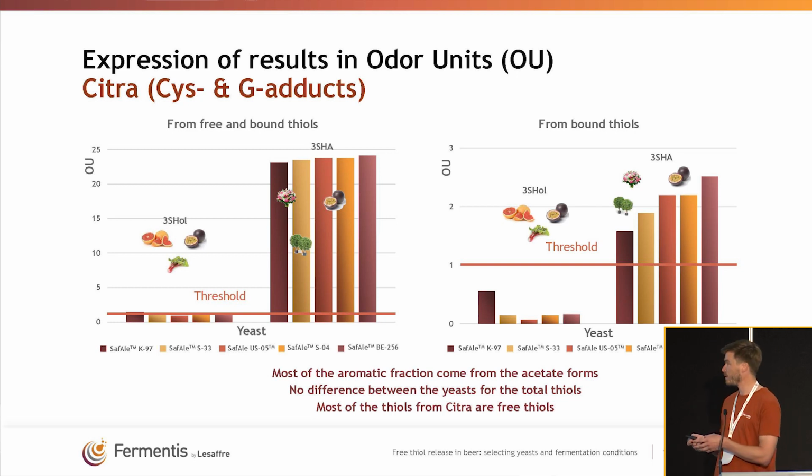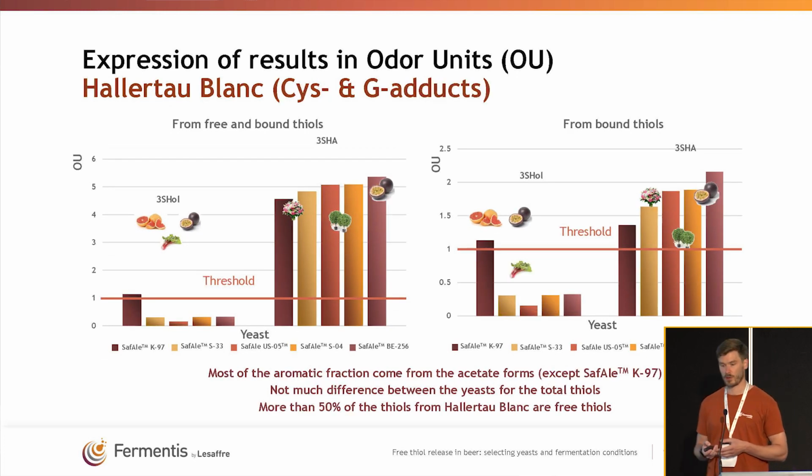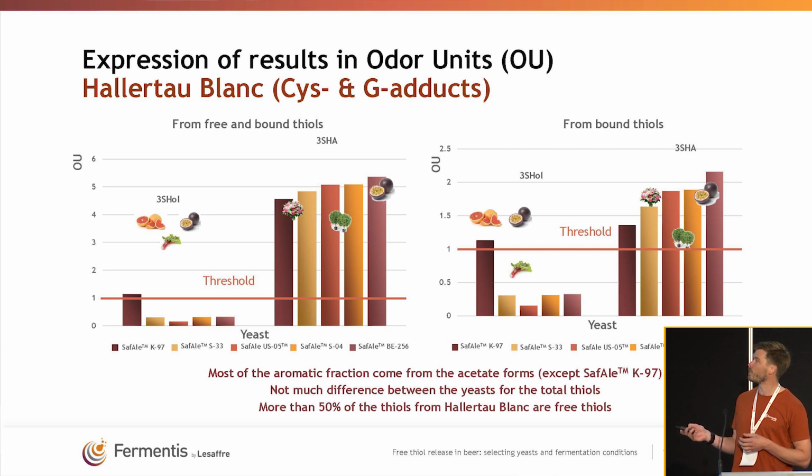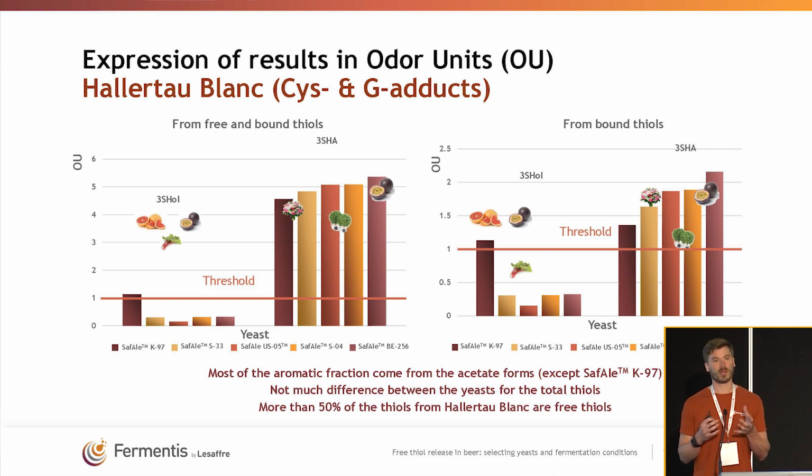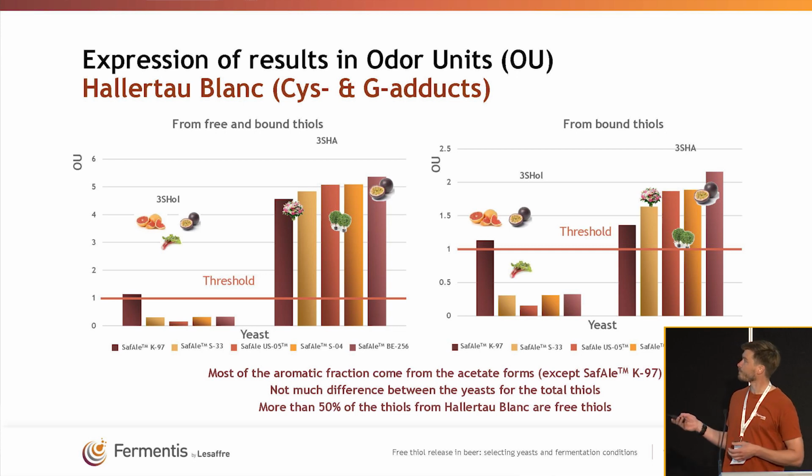But if we look at other hops like Aurora Blanc, we see here that from free and bound thiols, the total amount you can have in other units is around 5, between 4 and 5. And on the right-hand side, the impact of the yeast, so the thiols that you can only have from an extraction from the yeast, is between 1.5 and 2.